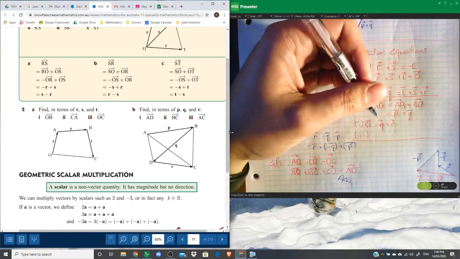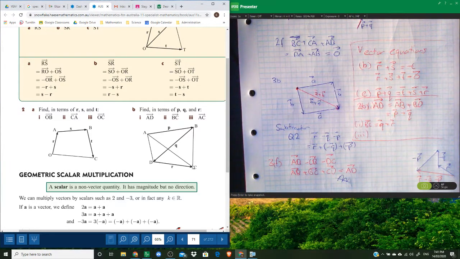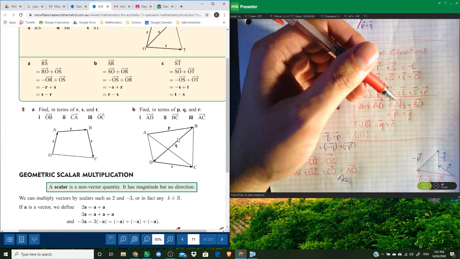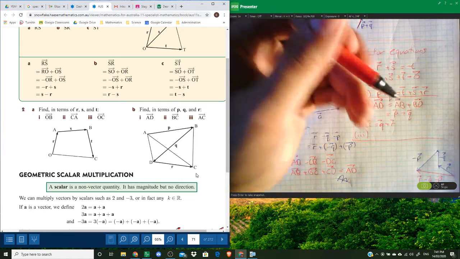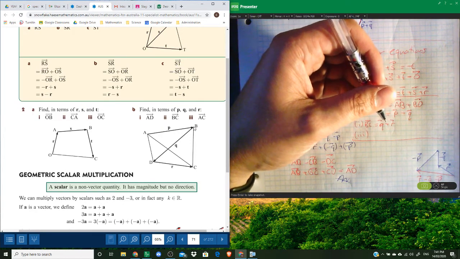Part 3, AC. So A to C. Okay, we can go A to B, B to D, and D to C. We can actually use one of the vectors we worked out before, though. So we could go AB, then BC, because we worked that out. Basically, or if we go this way, A to B, B to D, D to C, that's P plus Q plus R. But I'm going to check that by doing the other way.